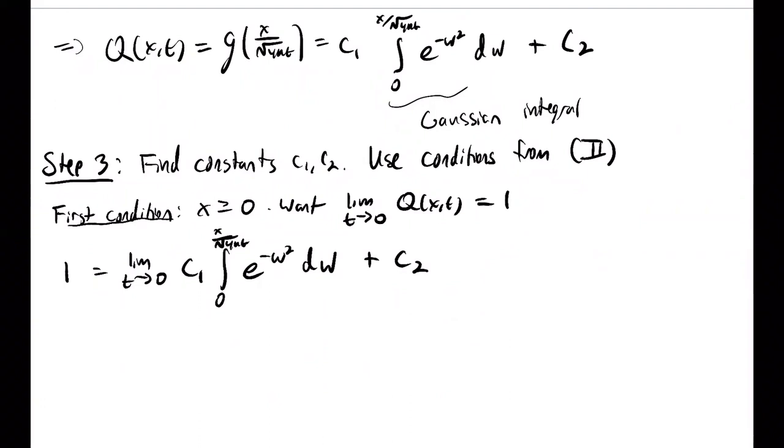Well, notice in this integral, the only thing that changes with t is the top bound here. And in particular, as t goes to 0, the denominator of this gets very small, so the ratio blows up. So this goes to positive infinity as t goes to 0, because, well, since x is bigger than or equal to 0, the numerator will be positive. Let's say x is not 0.